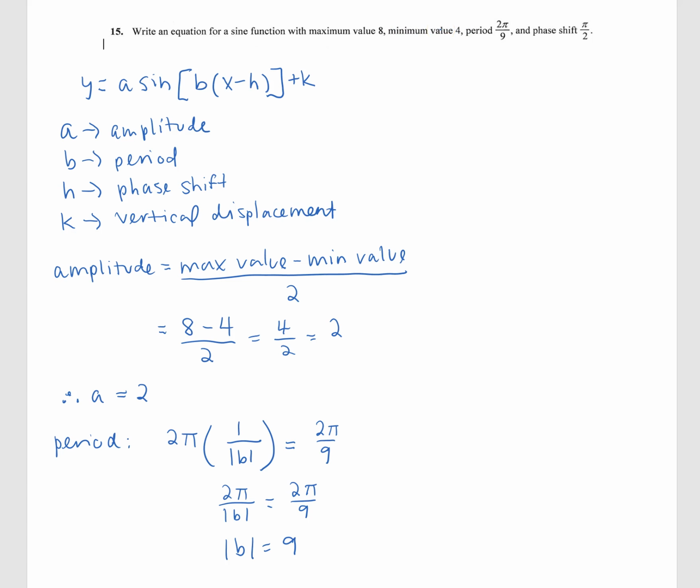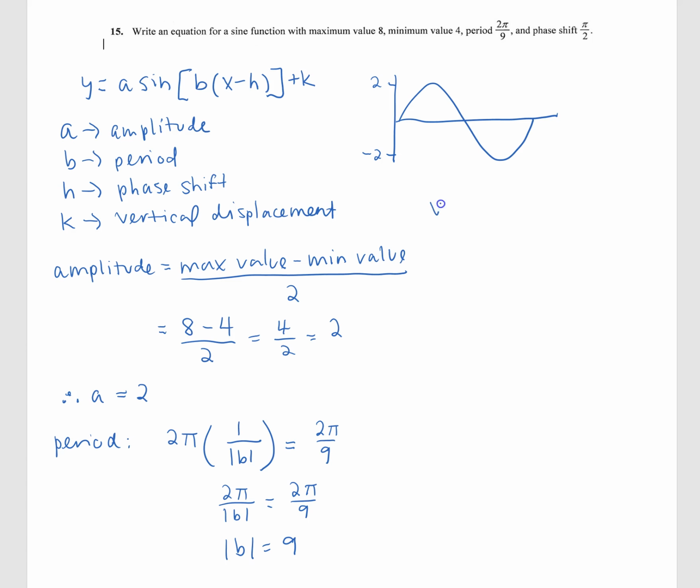If we think about a normal sine function after the change to the amplitude, its minimum is going to be at −2 and its max at +2. Since our minimum is at 4, we have done a vertical displacement by 6 units.